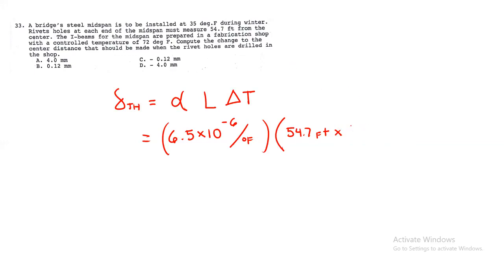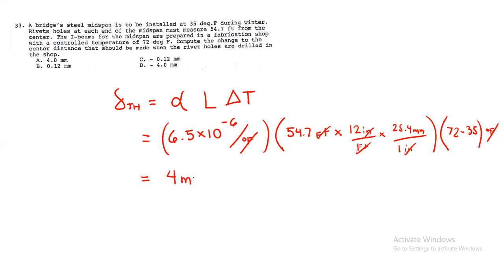So times 12 inches per foot times 25.4 mm per 1 inch. Then times change in temperature is 72 minus 35 degree Fahrenheit. So makakansil sa degree Fahrenheit. So makakuha natin dito is in mm. So sagot is 4 mm. Very easy. Letter A.